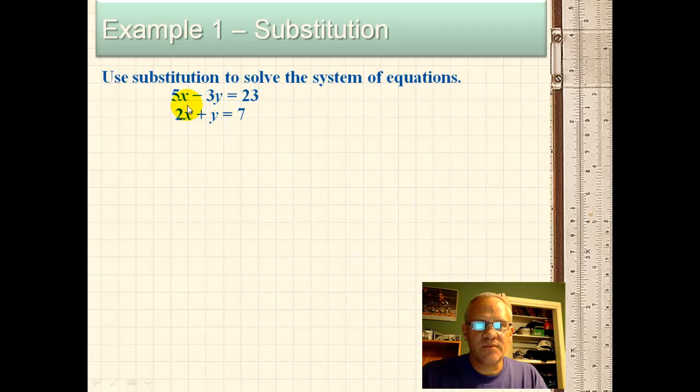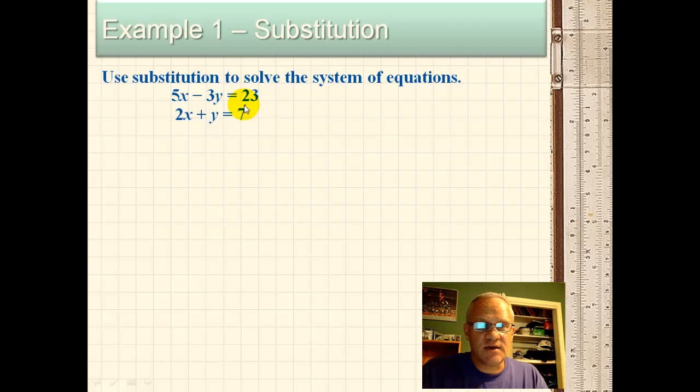Because in this case, if I get x by itself, I'm going to have a 3 divided by 5, or 23 divided by 5. If I get this y by itself, I'll have 5 divided by 3, or 23 divided by 3. I'm going to have some weird fractions. You can do it, but it's not going to be easy.